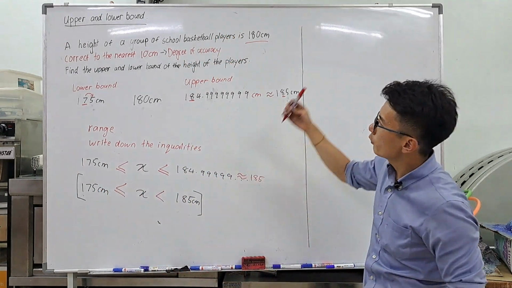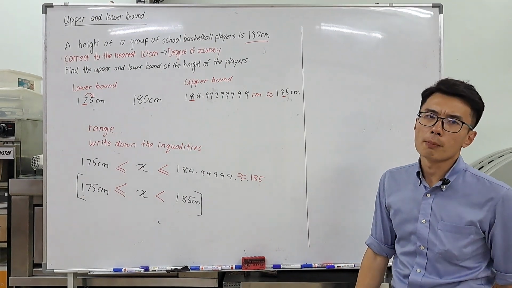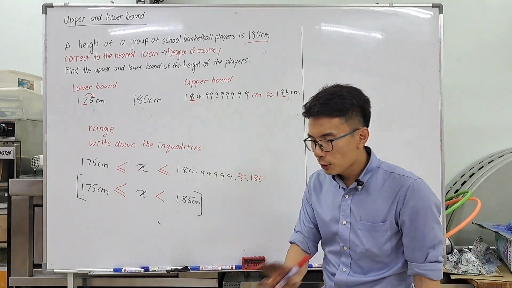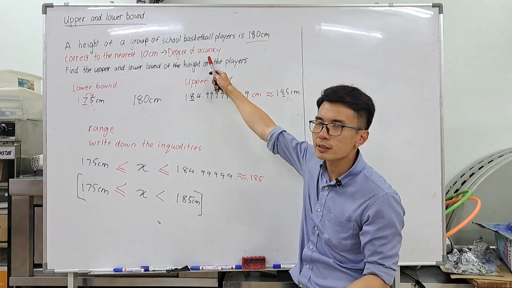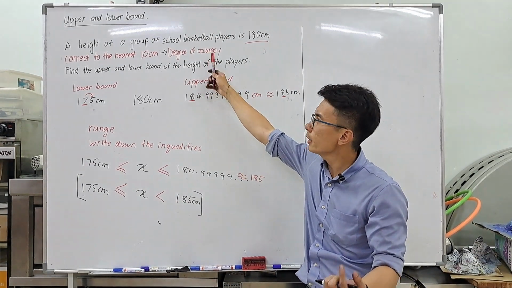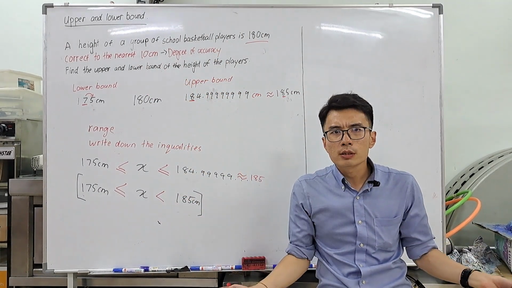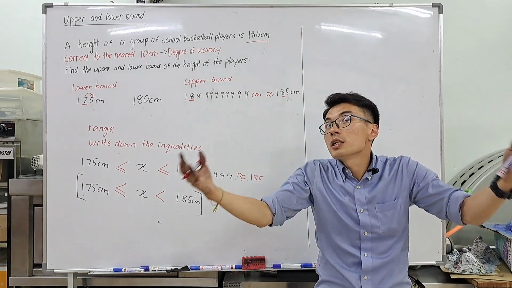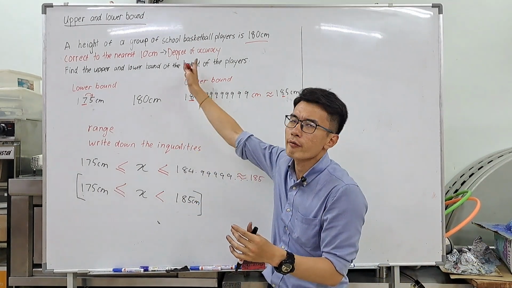Now, what do you need to do with this degree of accuracy to find your upper and lower bound? The tip is, when you look at the question, you just have to identify this one only. They will tell you nearest 10 cm, nearest centimeter, nearest 100 centimeter, or any other unit for that matter. That is the degree of accuracy.